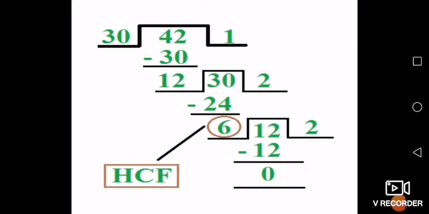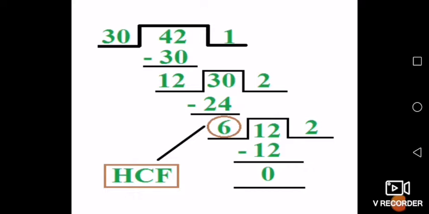Now 12 two times is 24. So you will get 6, which is the remainder in the second step, but that will become the divisor for the third step, and 12, which is the divisor of the second step, will come inside as the dividend. So now 6 two times is 12.